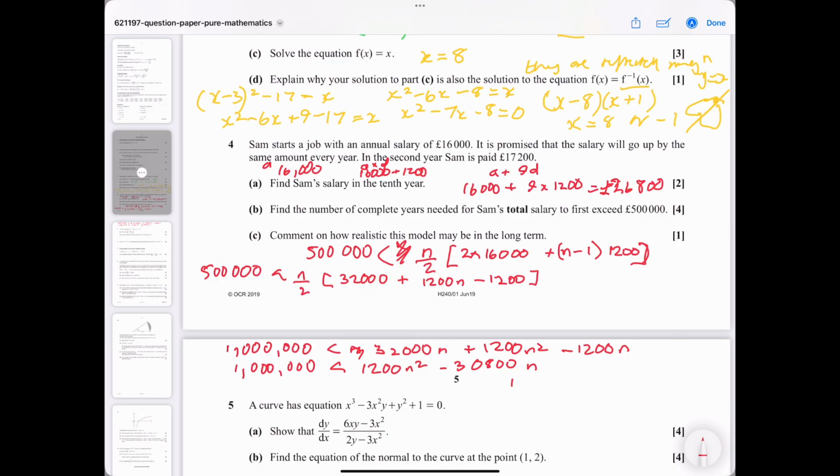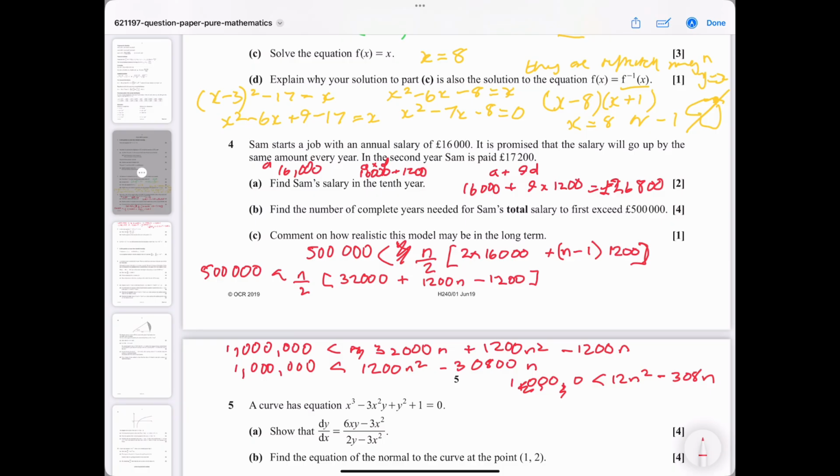Okay, now we can divide this through by at least 100. Sorry, that's 10,000. It's less than 12n squared minus 308n.